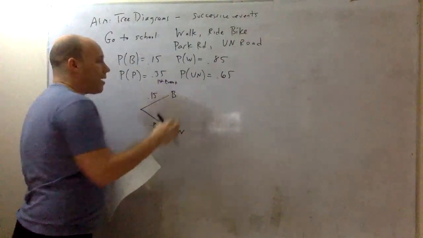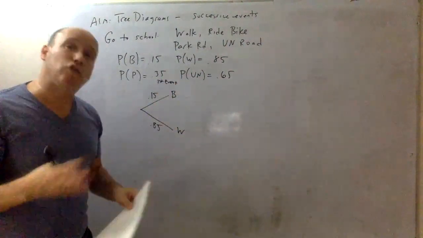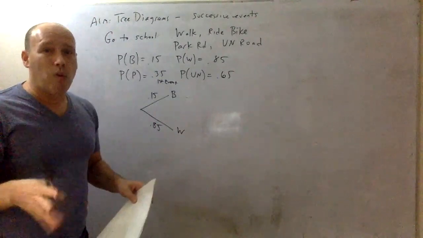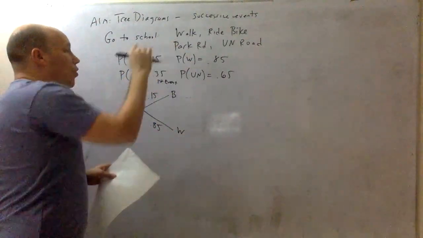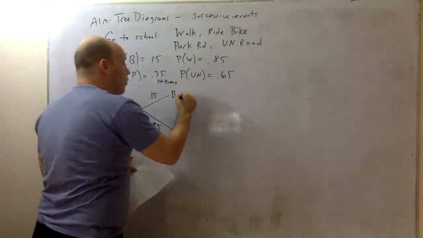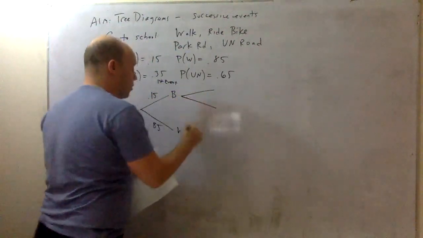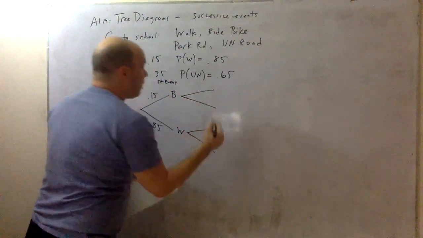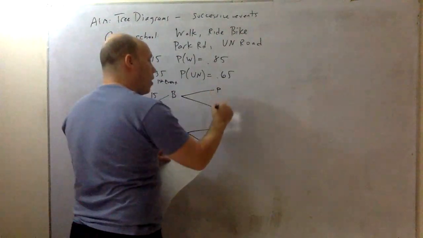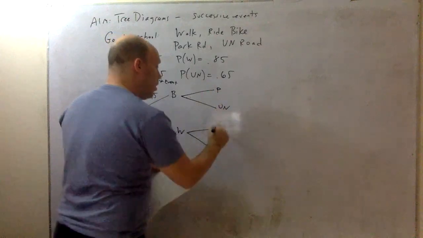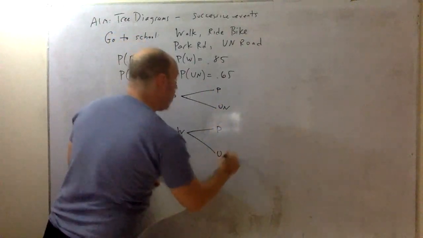The next thing we want to deal with is the second event. So I've decided on riding my bike or walking, and I have a new decision to make: I either take Park Road or UN Road. So I make two new branches. Same idea: Park Road, UN Road.